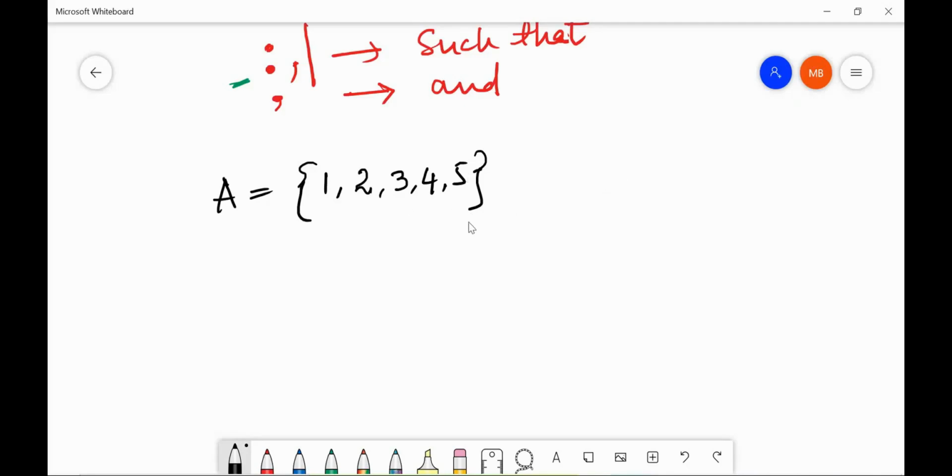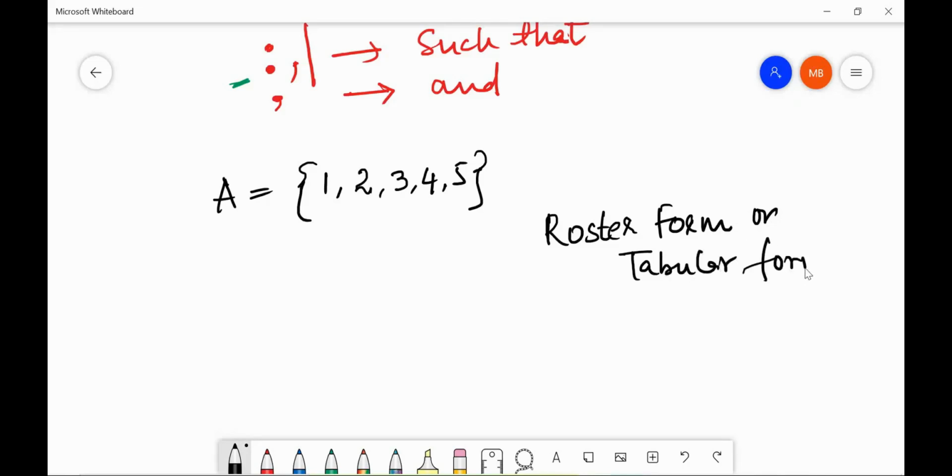So let me first tell you that this set has already been represented in a certain way. This form or method of representing a set is known as the roster form or also the tabular form. So set A with elements 1, 2, 3, 4, 5 is already in roster form or the tabular form.